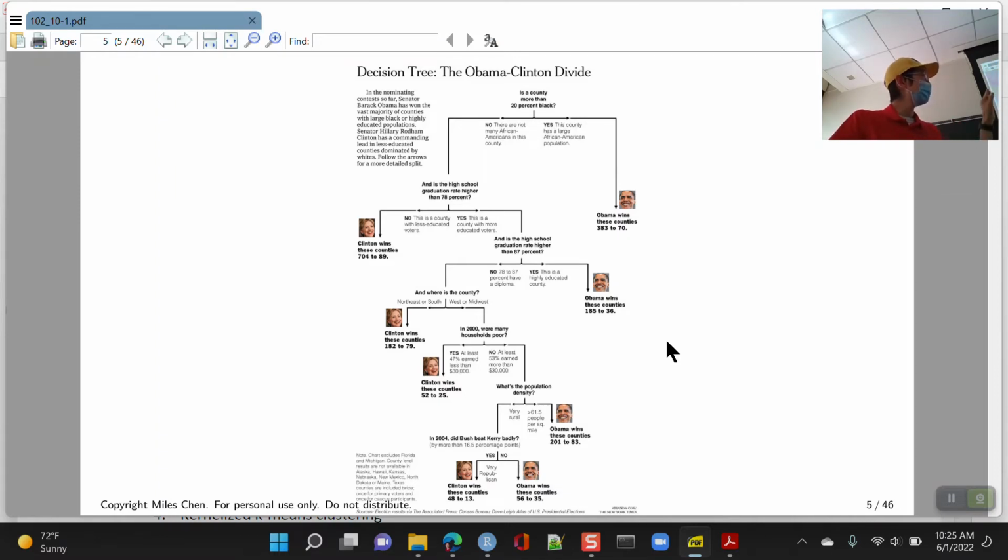But basically, each question says, the first one says, is a county more than 20% black? And if the answer was yes, it says Obama wins these counties 383 to 70, and if the answer is no, then you have more of these questions to ask, and it has all of these things.